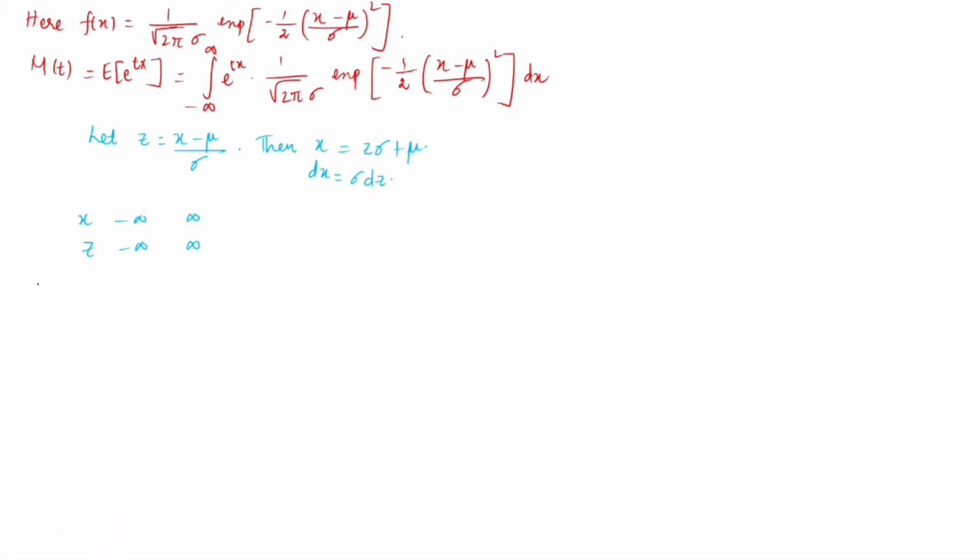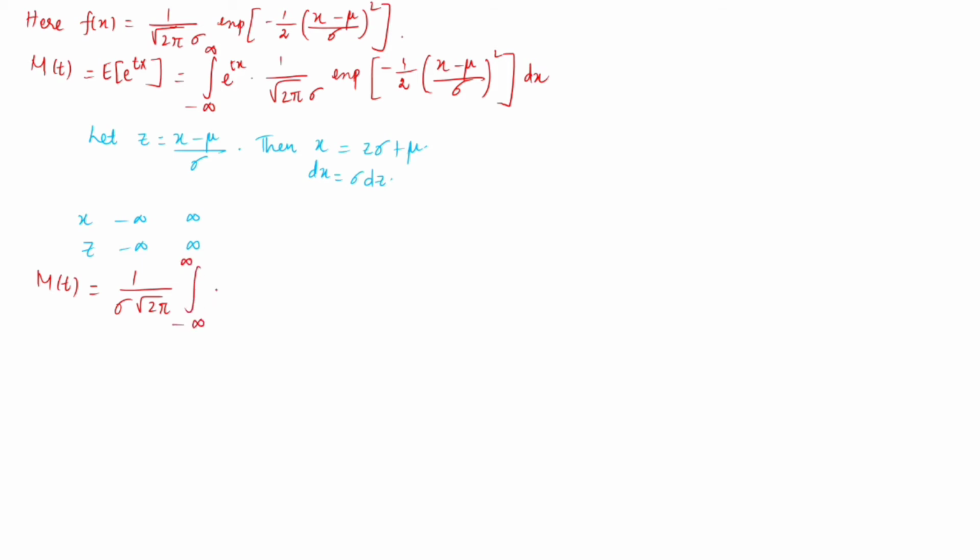Now coming back to this M of t, it is okay. Now let us try to take out the constants which are present inside it. This 1 upon sigma times under root 2 pi is a constant, so we take it outside.